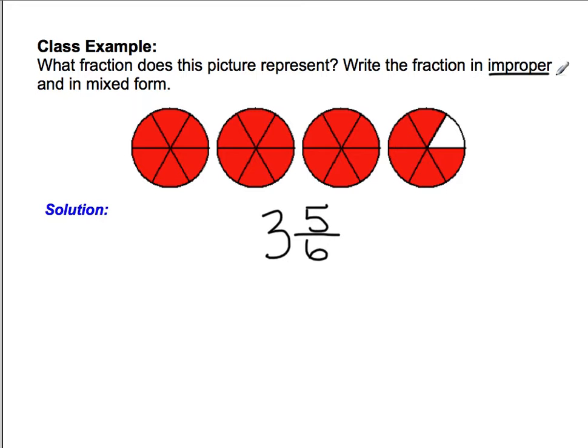Now, if we wanted to do it in improper, we have circles that are divided into 6 pieces, and we just count 1, 2, 3, up to 23. Now another way you can do this, a much faster way than just counting, is saying I have 3 groups of 6, which is 18, plus 5 more, which is 23.